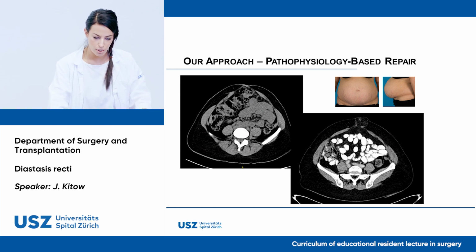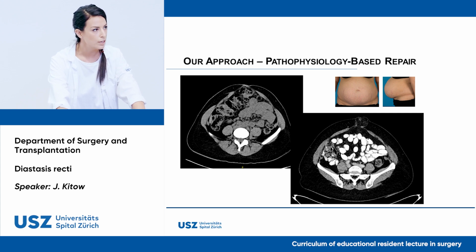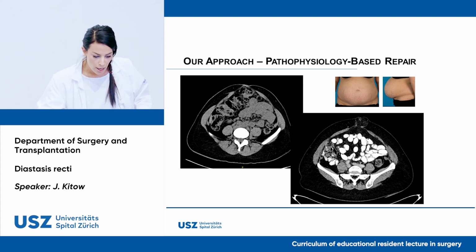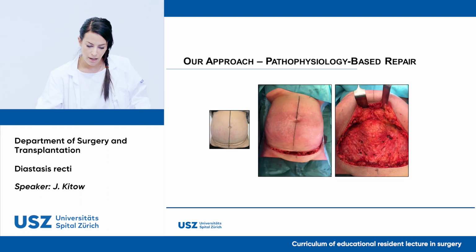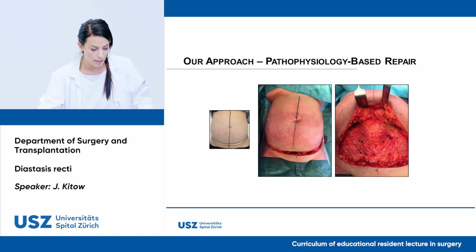There's another example I want to show you. This is an older lady, and she's suffering from a laxity of the abdominal wall with a concomitant infraumbilical hernia, which you can see here on the CT scan. So what did we do for her? First we draw the midline and the incision line.